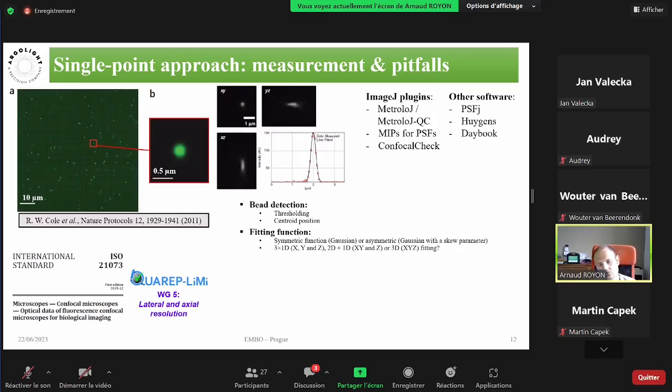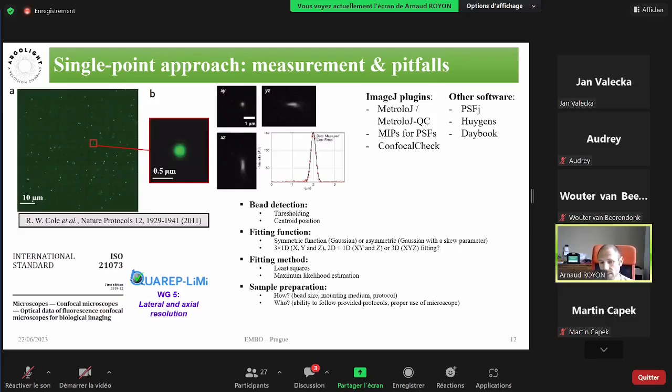You can also fit the PSF using three one-dimensional fitting functions, or use a 2D fit in the XY plane and a 1D fit in Z, or you can even use a 3-dimensional solution. The fitting method also has importance, whether you use least squares or maximum likelihood estimation approaches.